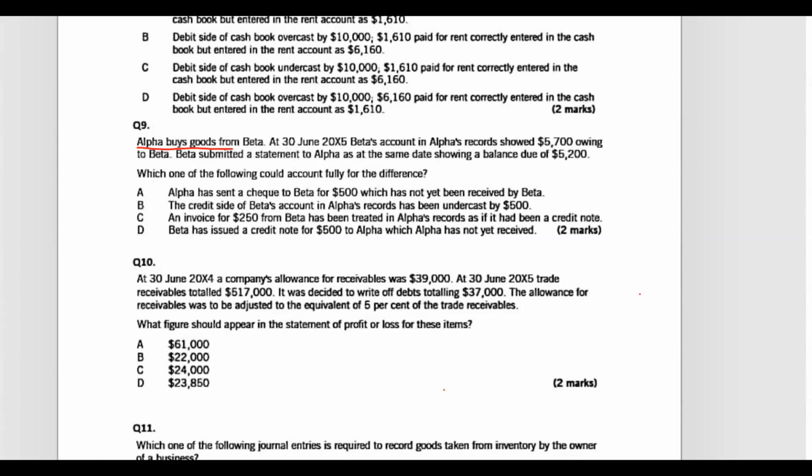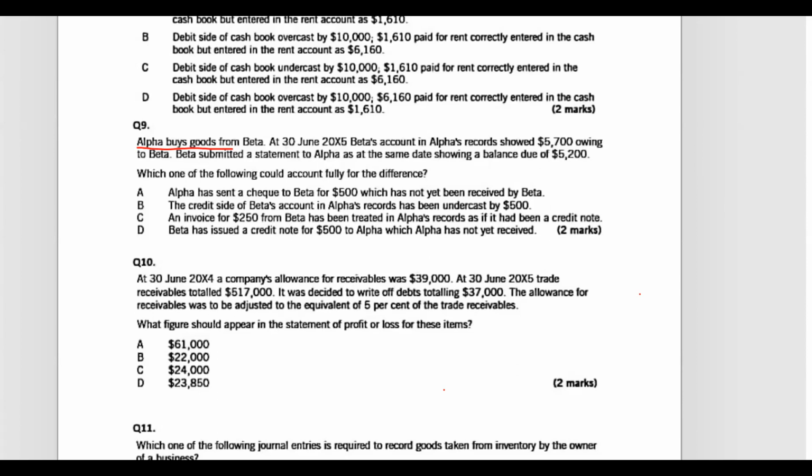So what you record is that I just owe this person 5,200 kwacha, isn't it? Then you also issue a credit note to mean that I have sent back the goods that are worth 500 kwacha, so that when you add that, it gives you 5,700 kwacha.